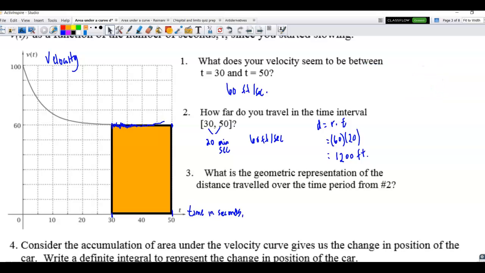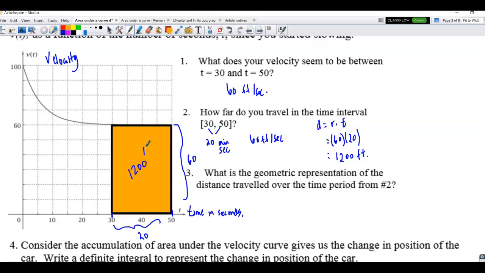If I redid this problem without calculus and just found the area of that rectangle, the base of the rectangle is 20, from here to here, and the height of the rectangle is 60, and 60 times 20 gives you 1,200 feet.